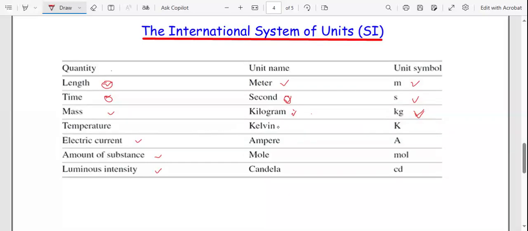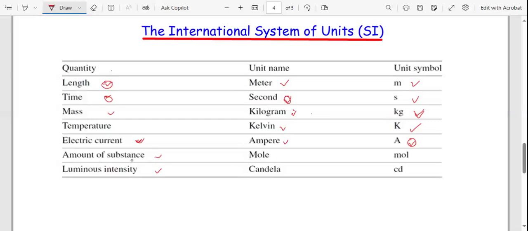For temperature now, temperature is always expressed in Kelvin. You have been seeing temperature in Celsius, Fahrenheit, but Kelvin is the best. Then electric current, which is amps, will be expressed in ampere, denoted by A. So these are the ones accepted worldwide.